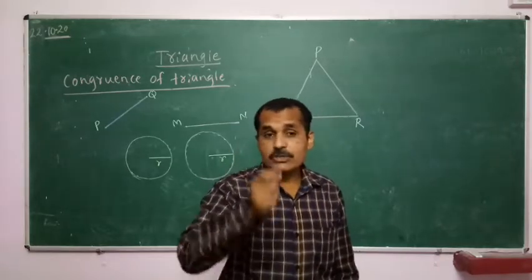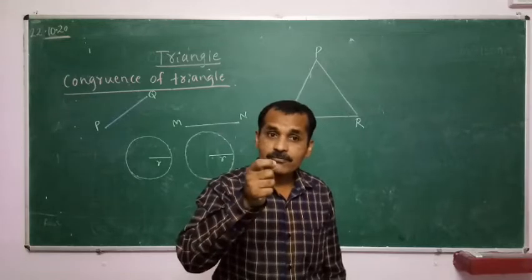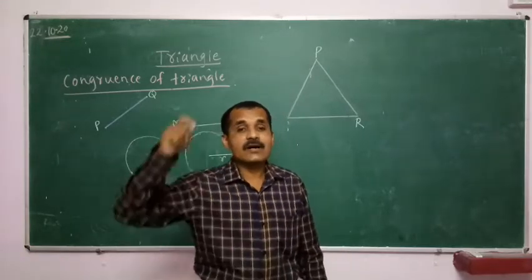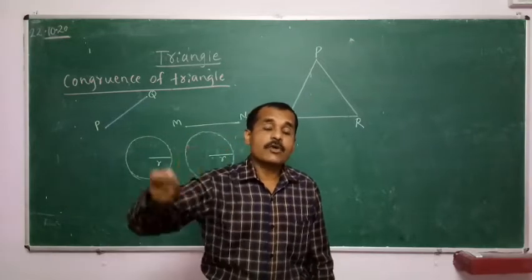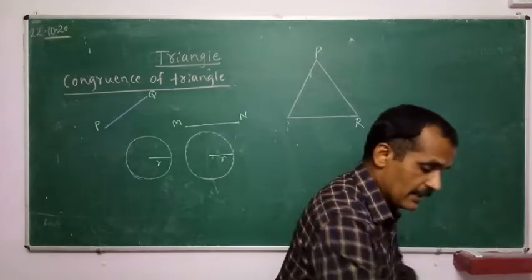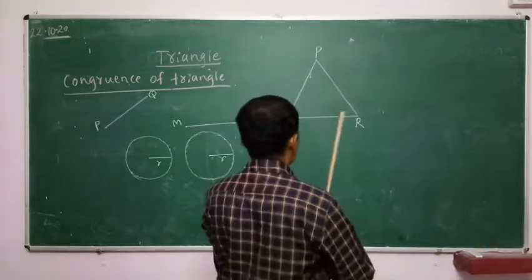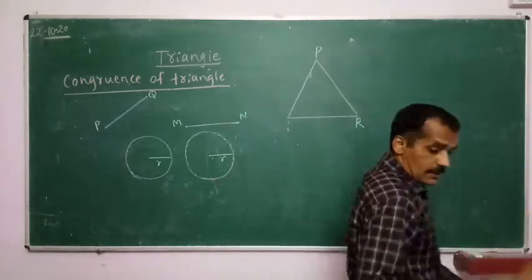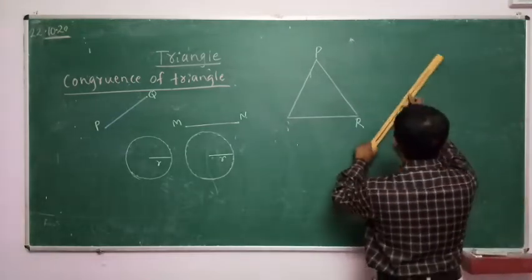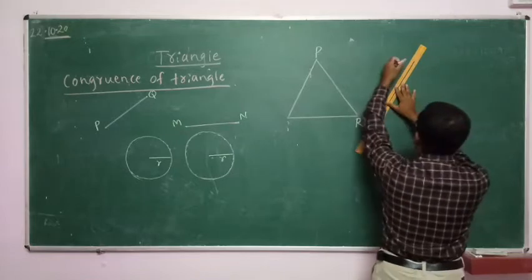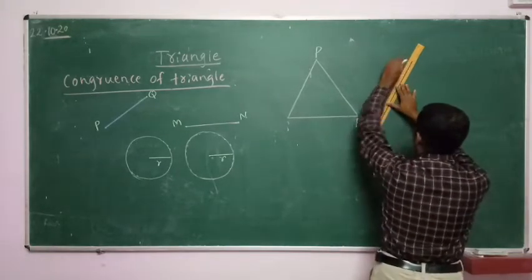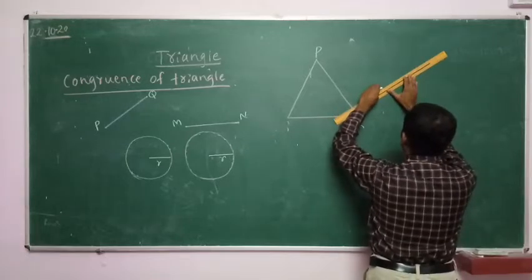Two triangles are said to be congruent if the corresponding sides are equal and the corresponding angles are also equal to each other. Let me elaborate. Look at this. I have drawn one triangle here, PQR, and let me draw another triangle.